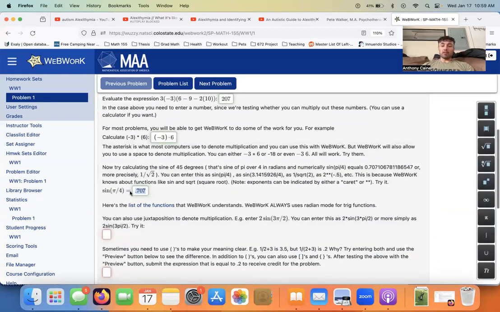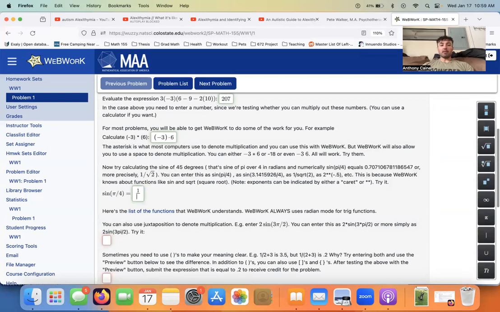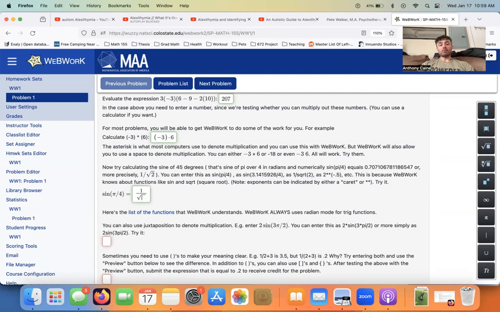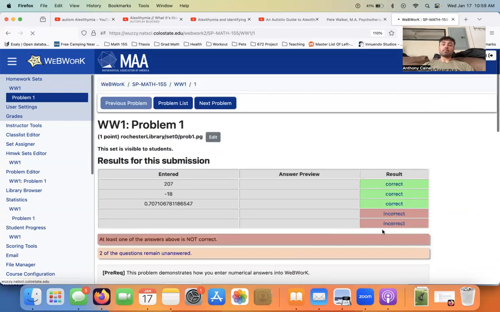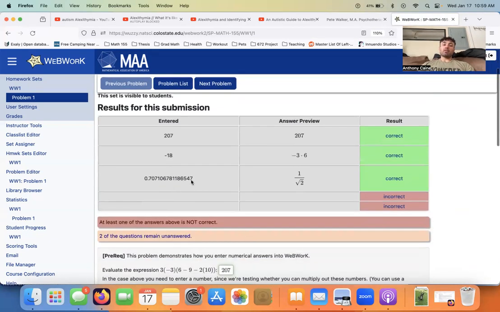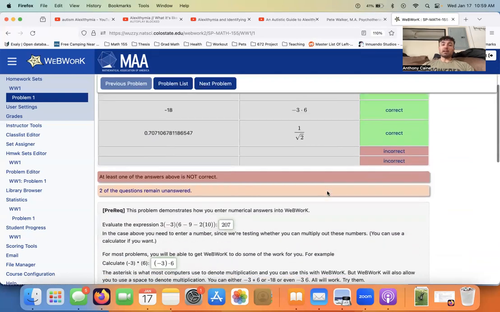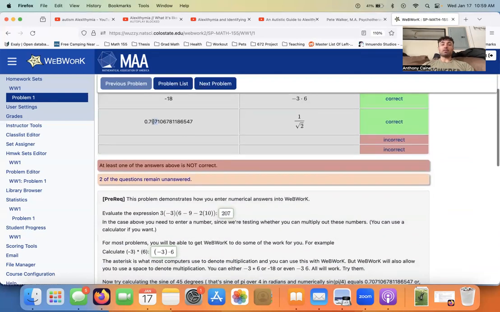So instead of doing this, what I recommend is to just type 1 over square root of 2. So SQRT, once I hit T here, it becomes a square root symbol. So 1 over square root 2, that's one way you could enter it. Submit answer. And now it knows what you're talking about. So they were being nice when they let you enter 0.707.